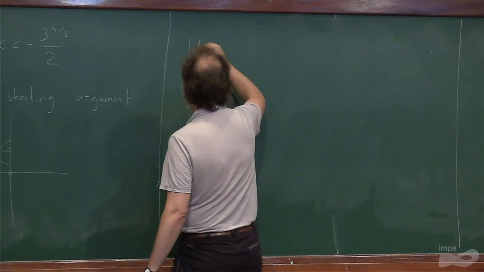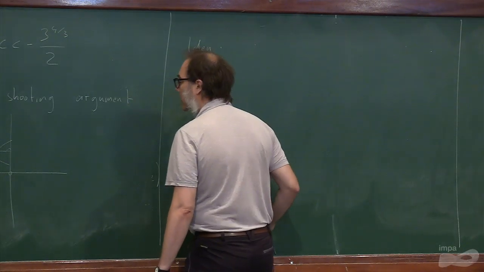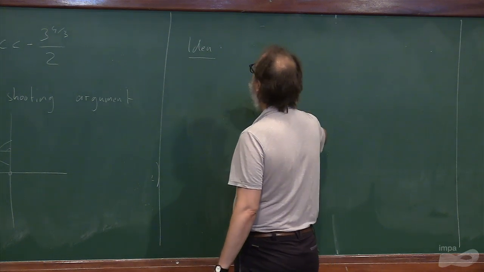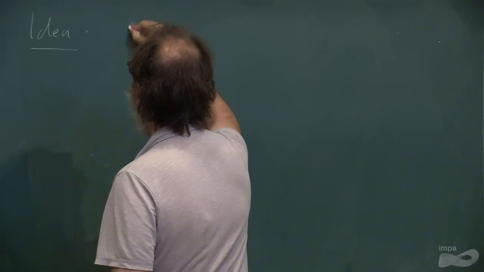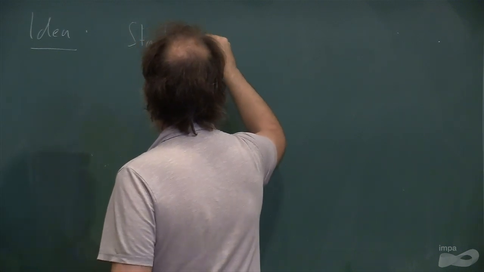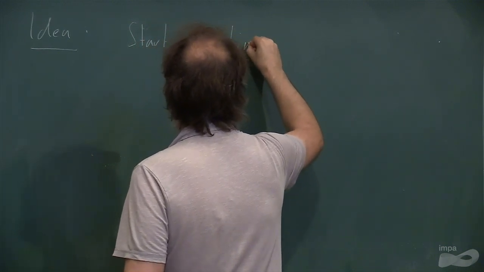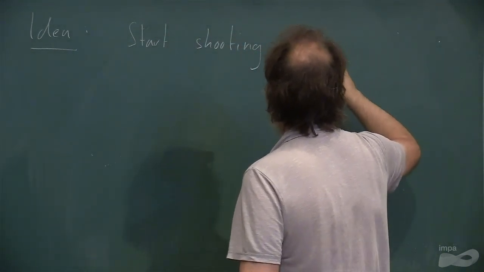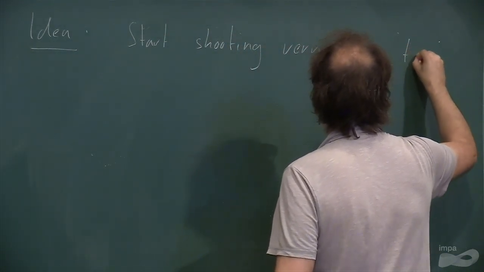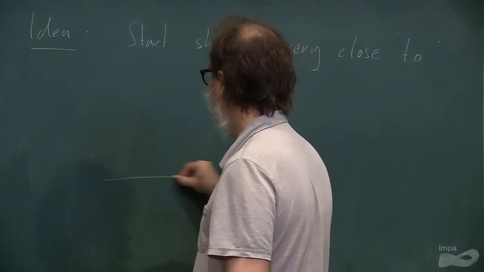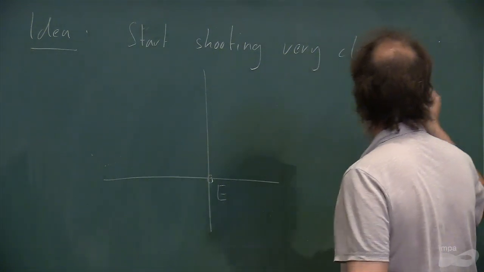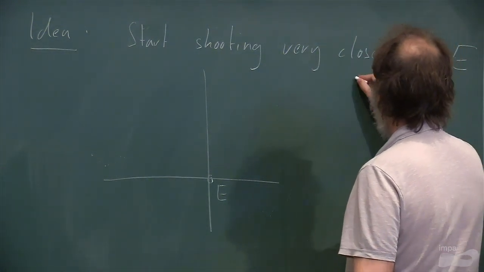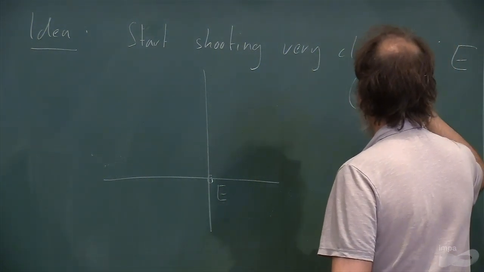So the idea: first start shooting very close to E. So that's roughly a Kepler problem.